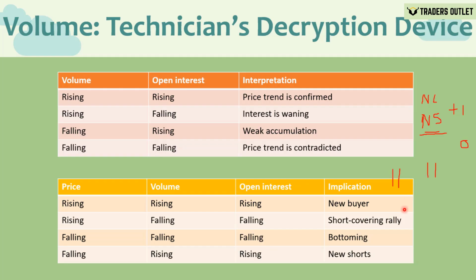So this is how we will relate open interest, volume, and prices. Again, open interest is a statistic very closely aligned with volume, but it is not a volume indicator by pure definition. We've seen how price and volume could be interpreted together.